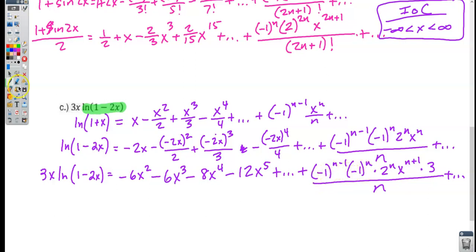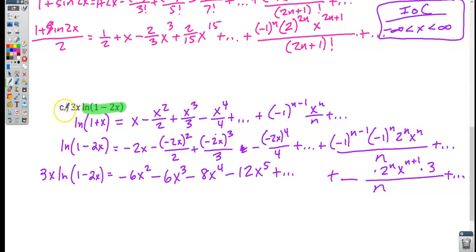So I'm going to go ahead and just get rid of these. I'm not going to rewrite everything, but I'm going to replace them with a single subtraction at the beginning of this term. All right, and so there we go. Our general term is the opposite of 2 to the n, x to the n plus 1 times 3 all over n. Now, interval of convergence.